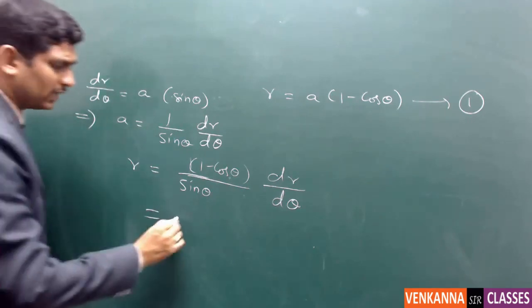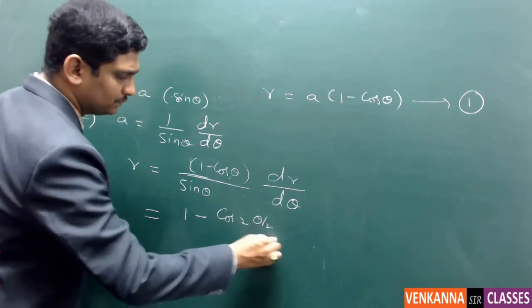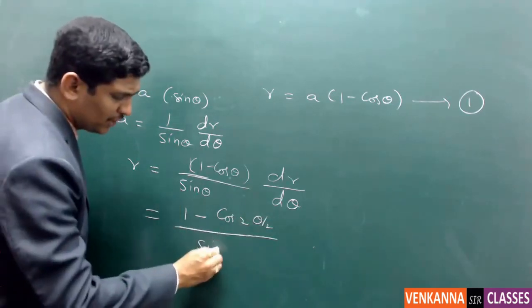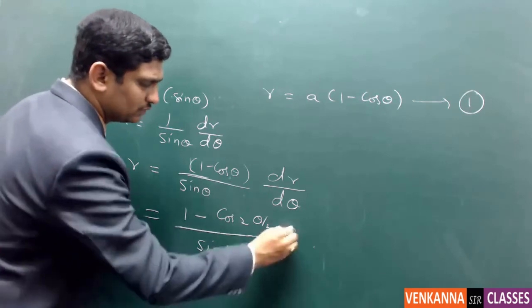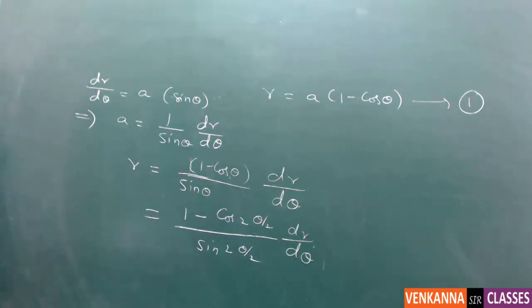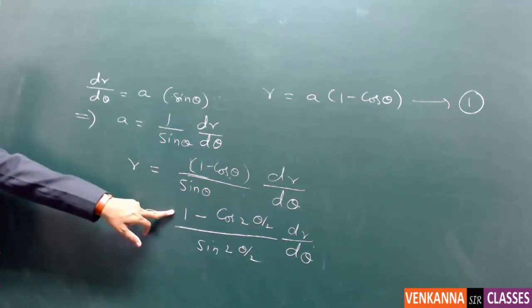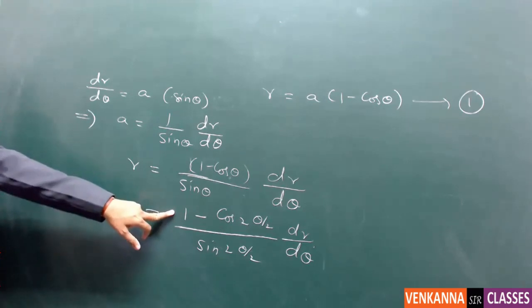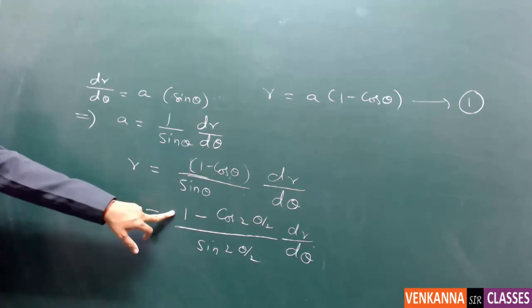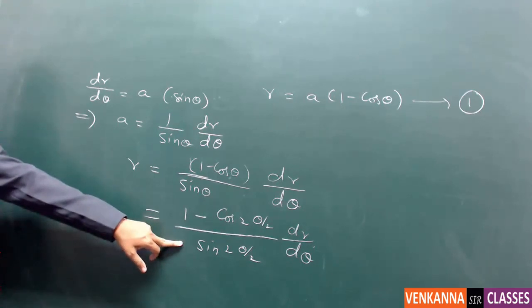In the numerator, I am going to write it as cos 2 theta by 2, and here I am going to write it as sine 2 theta by 2 into dr by d theta. So it is of the form 1 minus cos 2x, the value is 2 sine square x. Am I correct there? Right? And here sine 2 theta, it is 2 sine theta by 2 cos theta by 2.